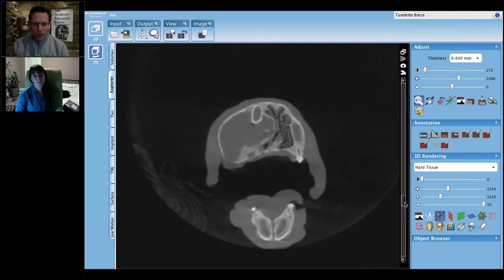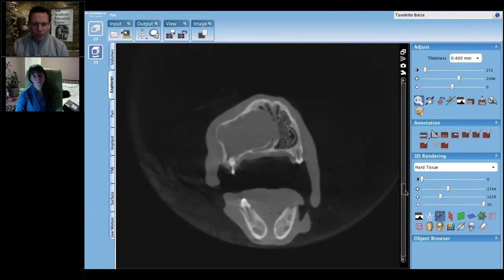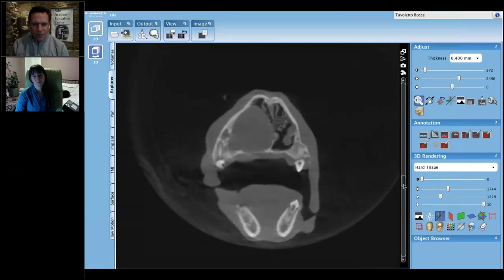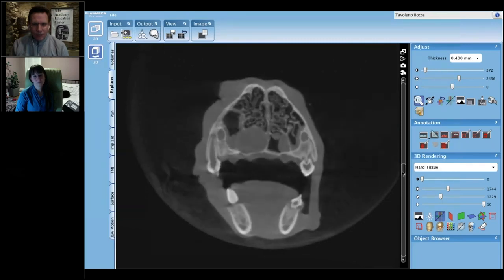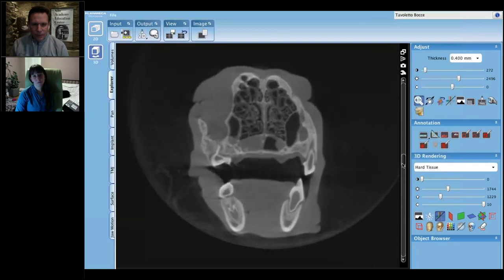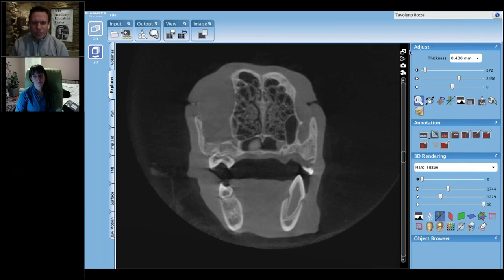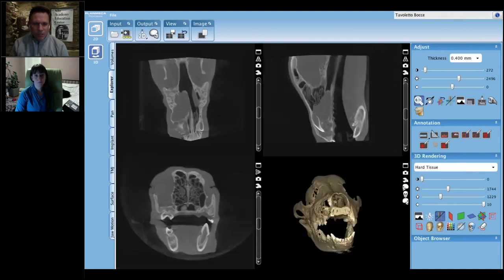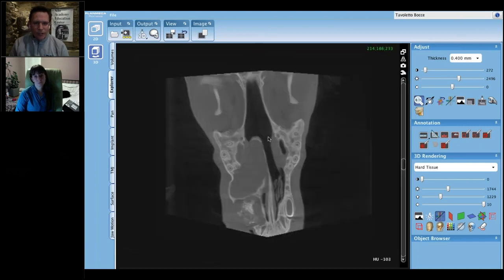And you can see how far caudal this goes. And you can see the cyst continues all the way back to the choana. So we knew it was going to be very challenging to get the entire cystic lining out. You can also take a look at the cystic lining in the caudalmost aspect on the coronal view, and you can see this little outpouching of cystic lining that was just poking through the choana there.